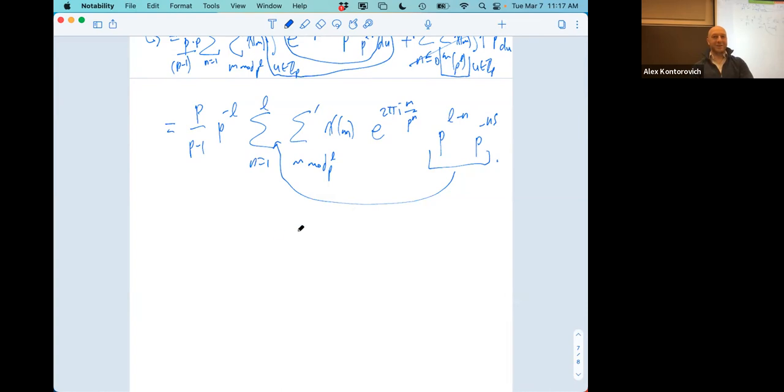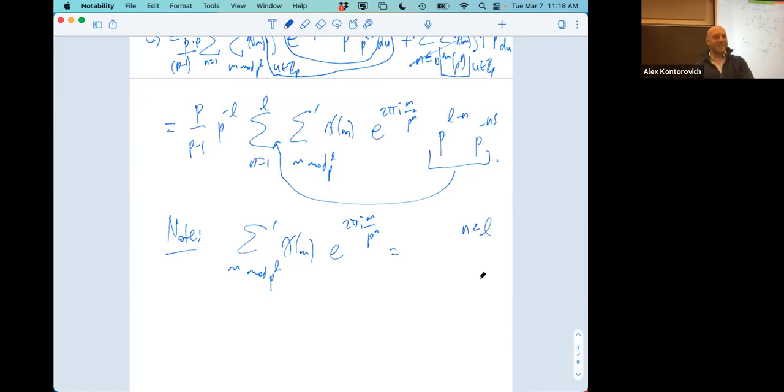What happens to those? If I sum m mod p to the L, n ranges from 1 to L. If n is strictly less than L, what do I get?